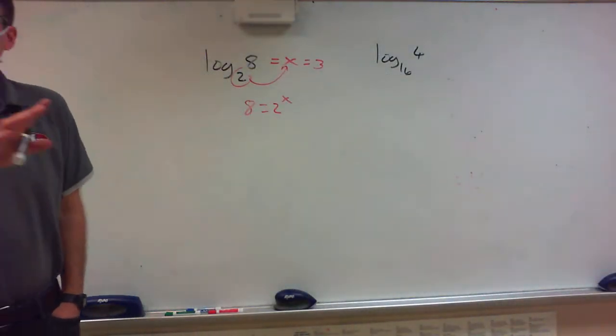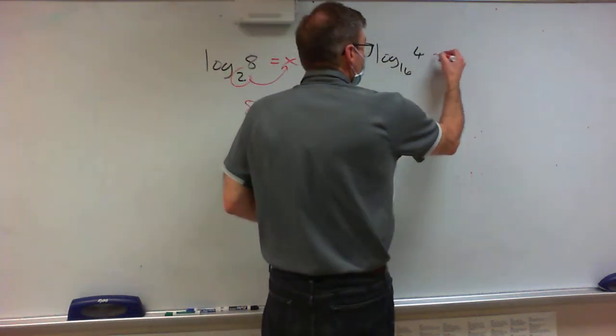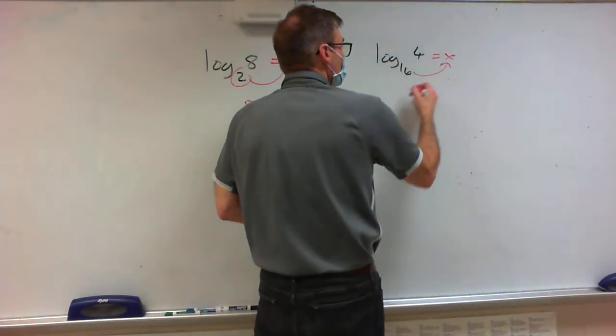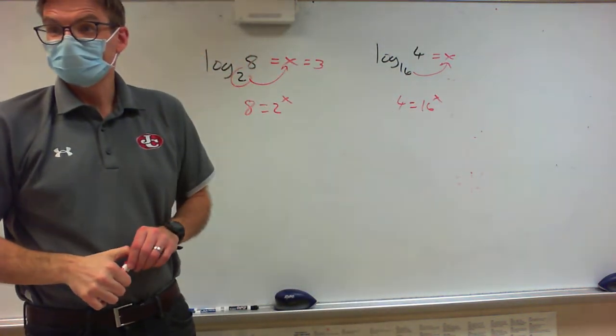Okay? So again, if you approach this the same way, we set that equal to x. When I do the swoop, I get 4 is equal to 16 to the x power. There are 2 ways to do this.